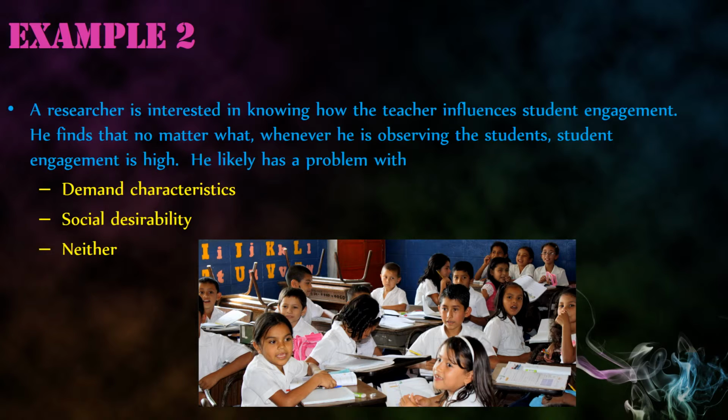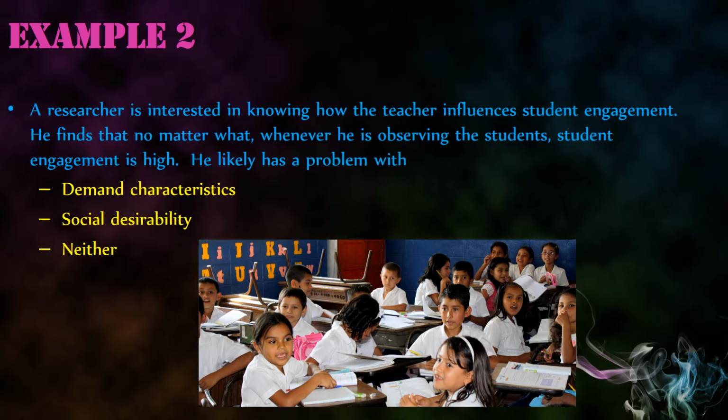So first is demand characteristics. Are the participants behaving differently just because they're in a study? And what he's finding is that no matter what, whenever he's observing, the students are having high engagement.